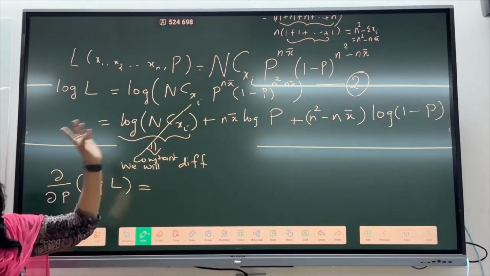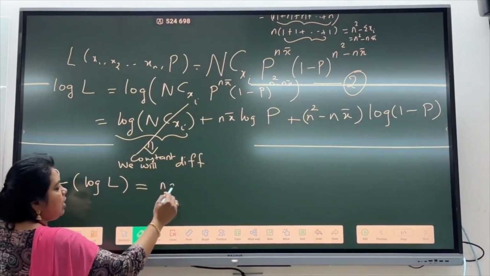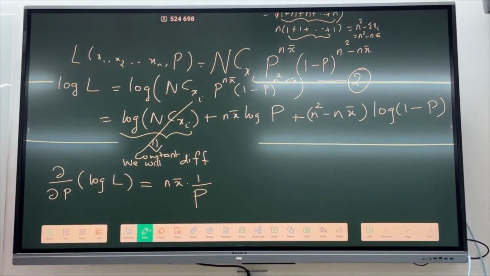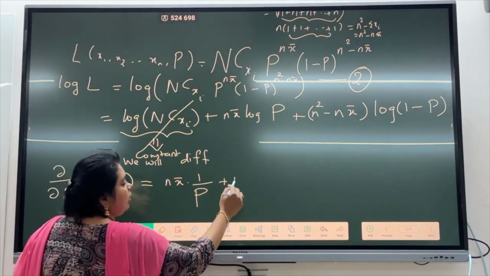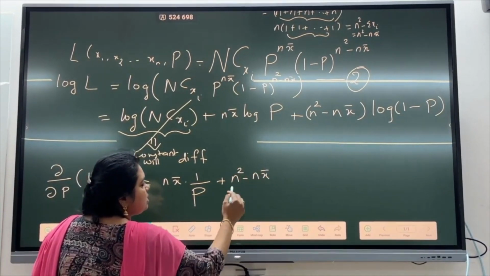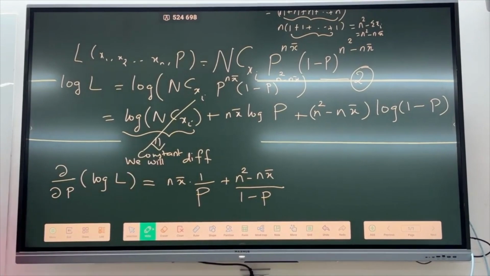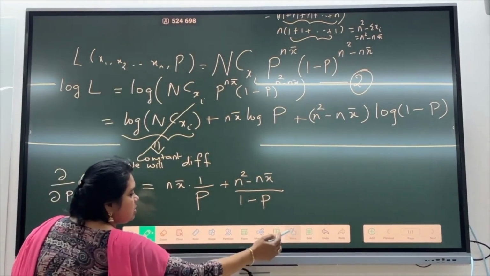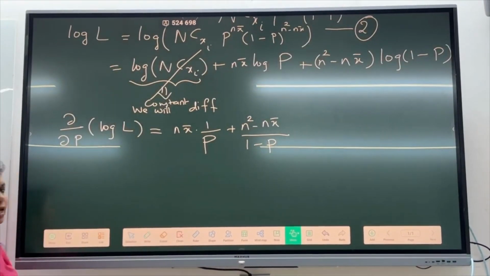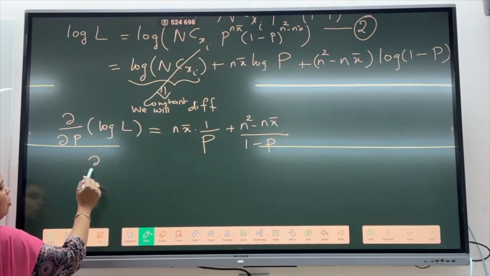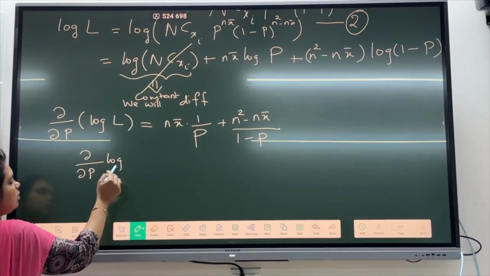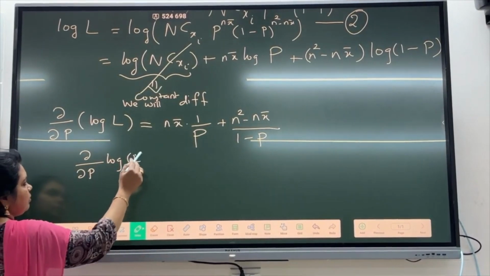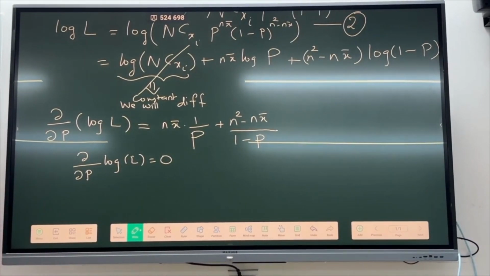We differentiate only the P terms. So n x bar, the differentiation of log P is 1 by P, and the differentiation of log of 1 minus P is 1 by 1 minus P. For the likelihood estimator, dou by dou P of log L equal to 0.